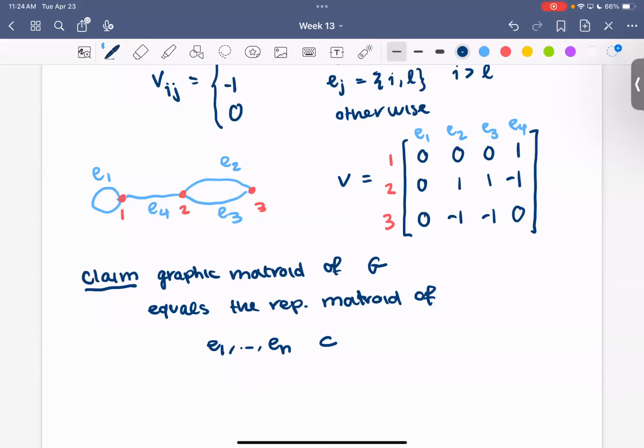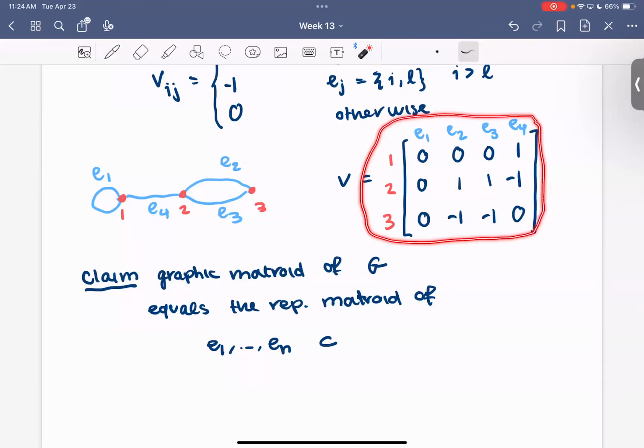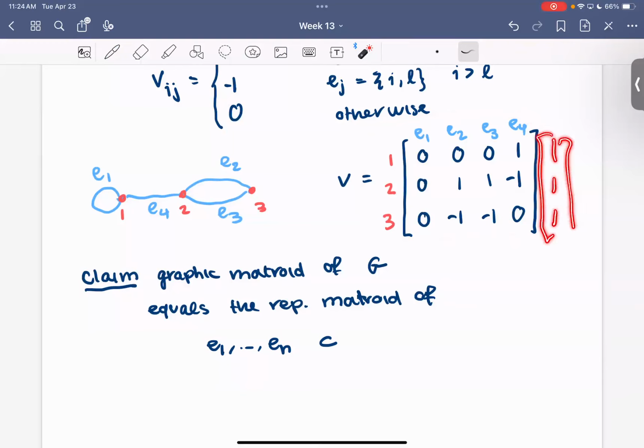Why is that? These vectors actually will never span, in this case R3, because the all ones vector is in the kernel of this matrix. They all satisfy that all of the entries add to 0, so they'll never span the entire space. So we actually need to consider these inside of just their span.